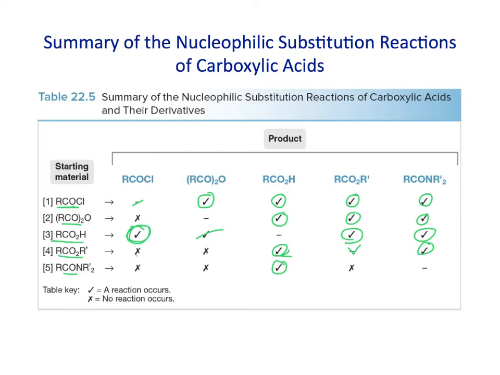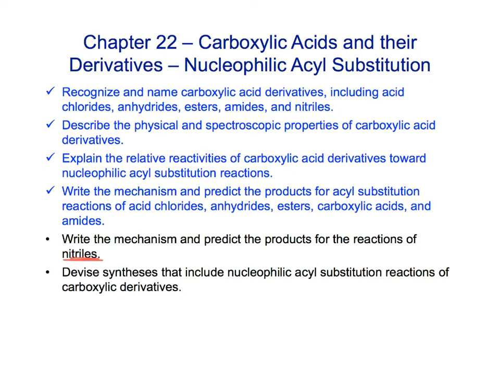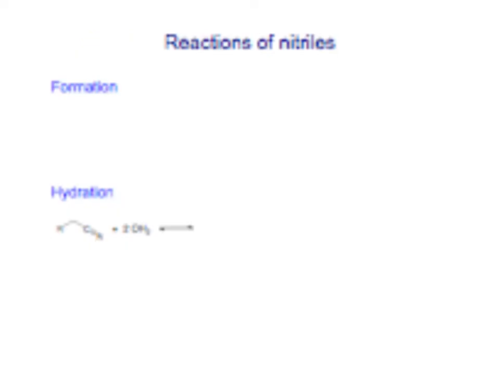All right? And it's not superficially obvious that it is a carboxylic acid derivative, and that's the nitriles. Okay, so nitriles have this carbon-nitrogen triple bond.